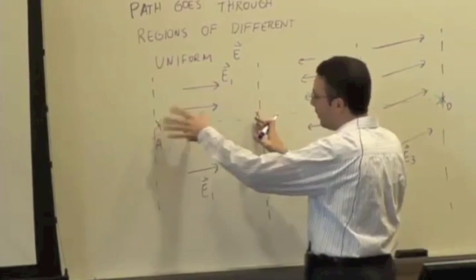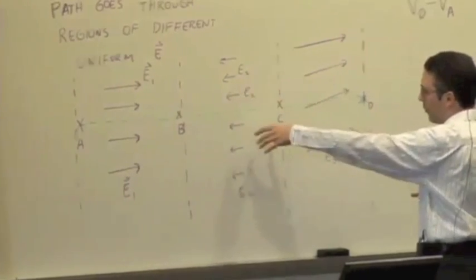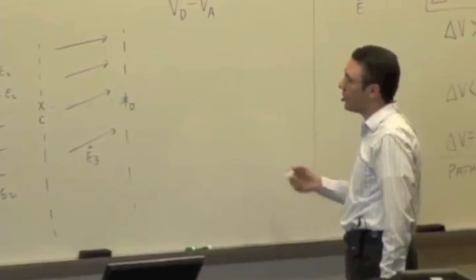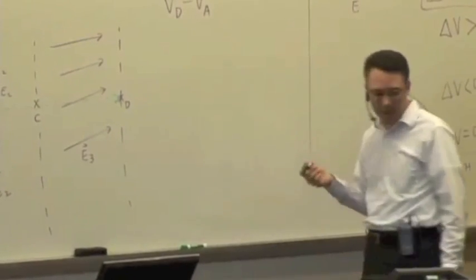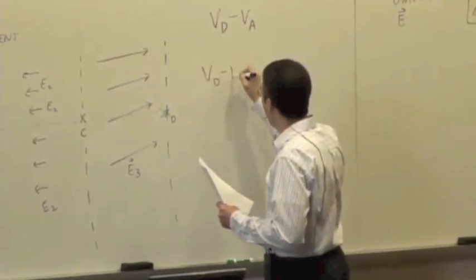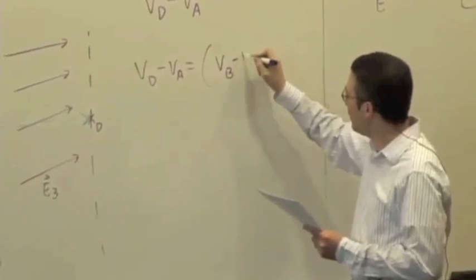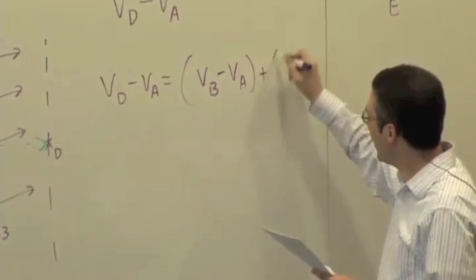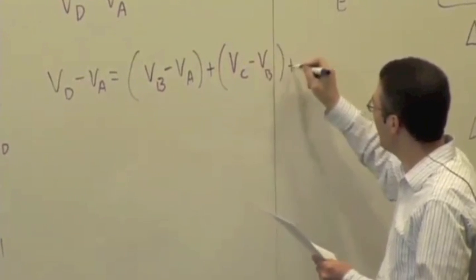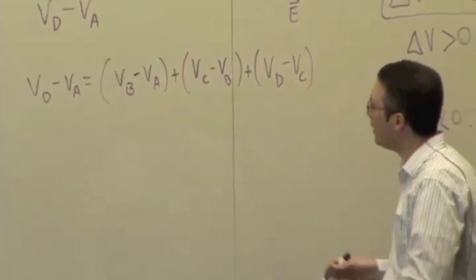So A to B, the field is uniform, it's E1. And then from B to C, it's a different field, but it's uniform, E2. And then C to D is E3. So I could calculate the potential difference from A to B, and then B to C, and then C to D. So if I want to write this out, VD minus VA is equal to potential difference VB minus VA plus VC minus VB plus VD minus V sub C, okay?